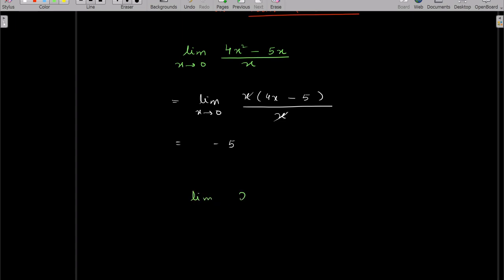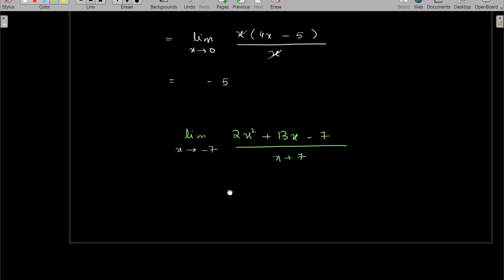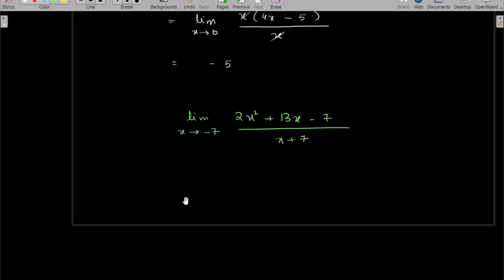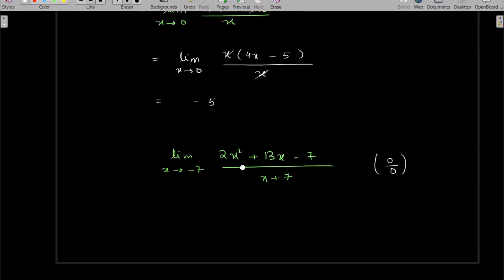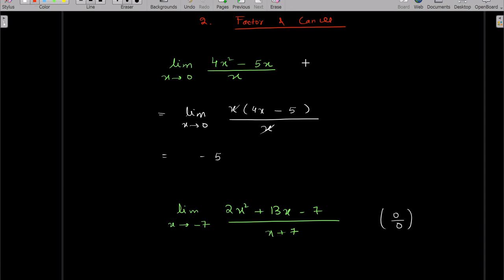Let's try one more of factor and cancel. You have to find the limit of 2x squared plus 13x minus 7 over x plus 7 when x approaches -7. Again, if you directly substitute -7, you will end up getting 0 over 0. This is 0 over 0 form. So what should we do in this case?